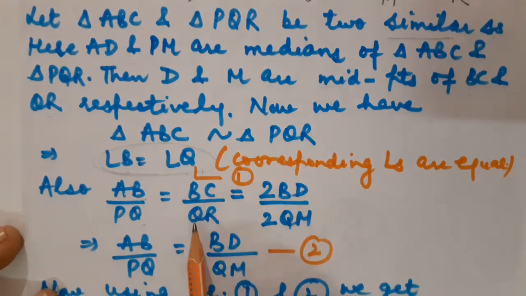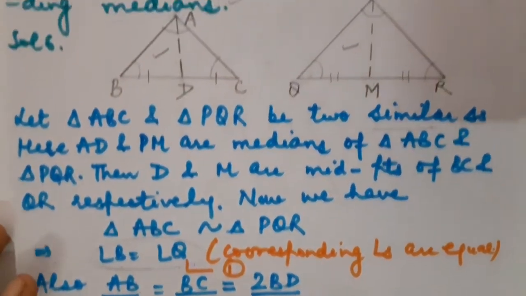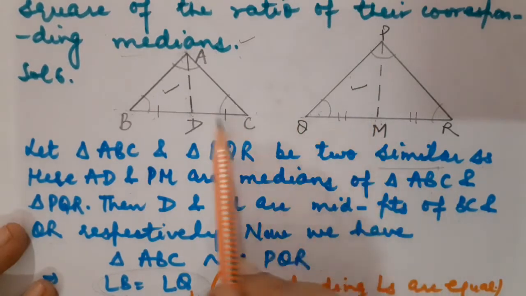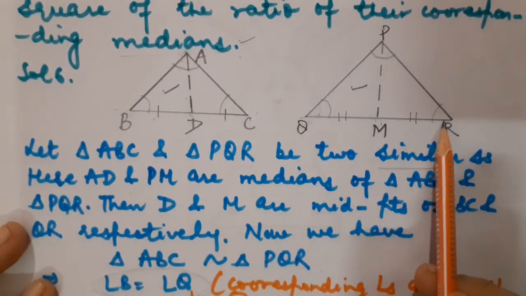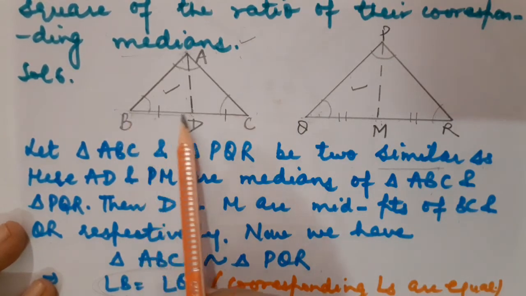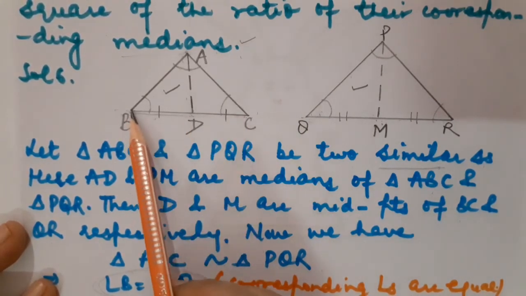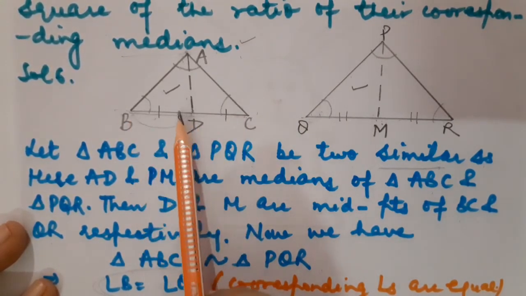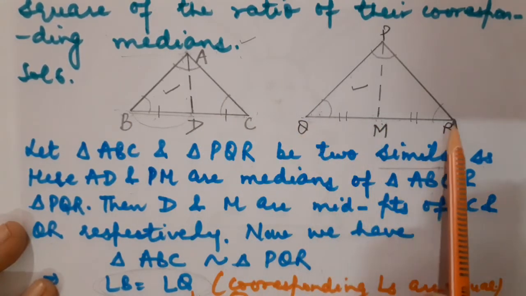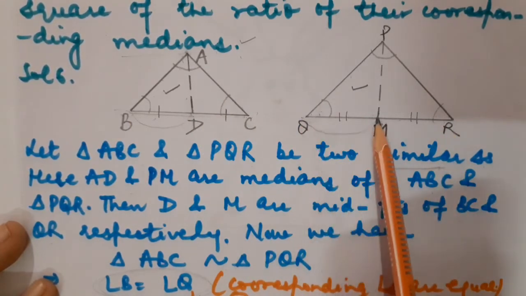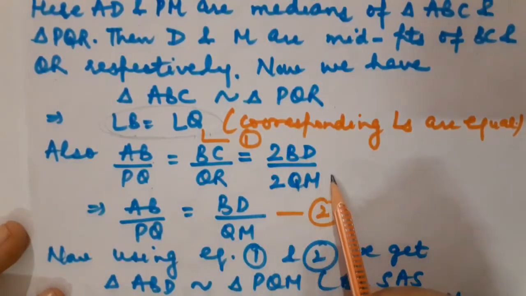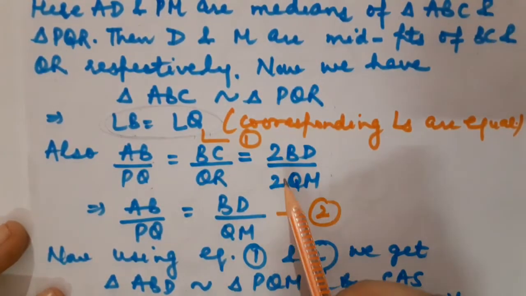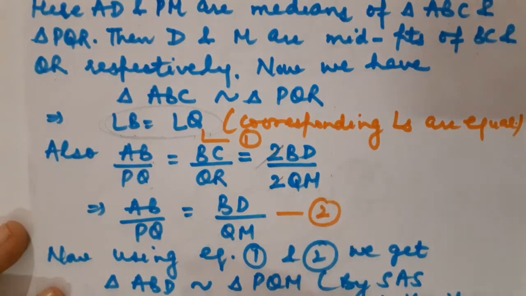Now children, I have just told you that D and M, they both are the midpoints of sides BC as well as QR respectively. So can I write this complete side BC as double of BD? In the same manner, this complete side QR as double of QM? Of course. So here I have written. Got it? Now this 2 and 2 both are going to be cancelled.